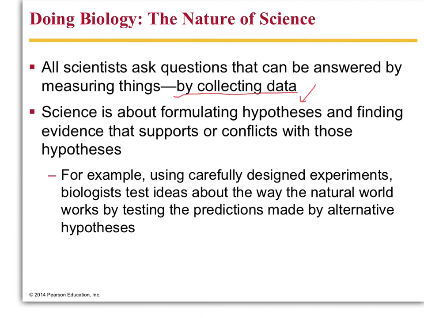And eventually, if you can have supporting data for hypotheses time after time, and I'm talking about over maybe tens and 20 and 30 and 50 and 100 years, those hypotheses can then become theories. And that's what's happened with the theory of evolution and the theory of cells. All right? So all of science is based on designing experiments, analyzing data, and then modifying hypotheses based on the findings that you get from the data.